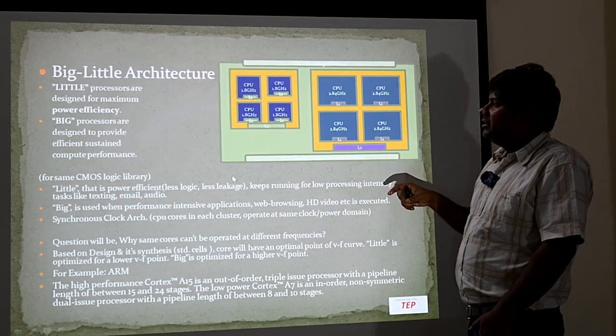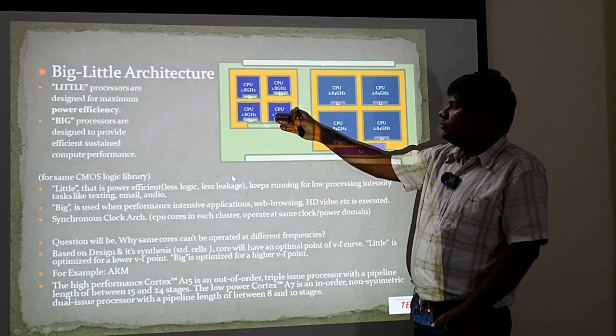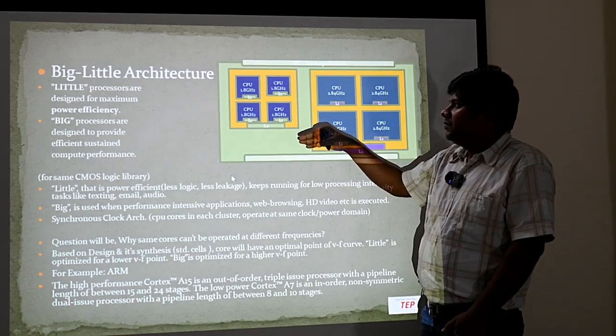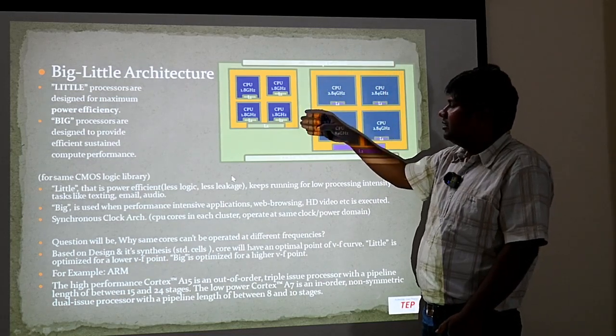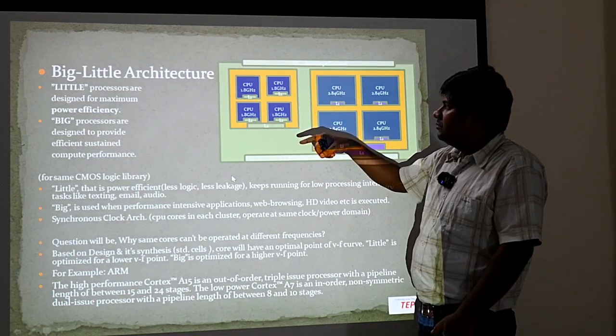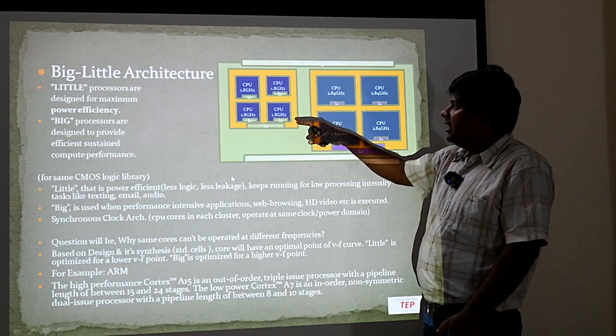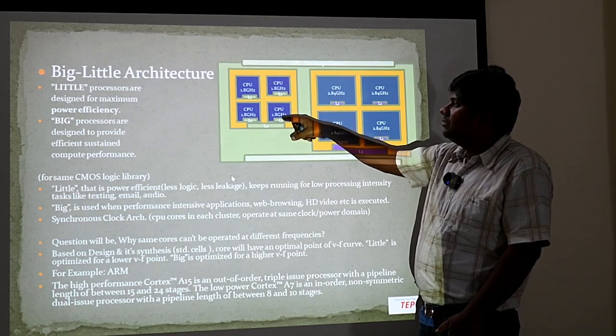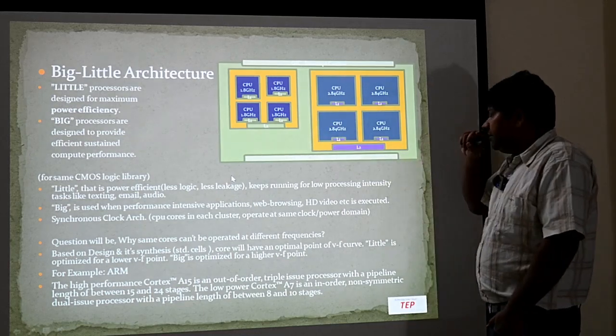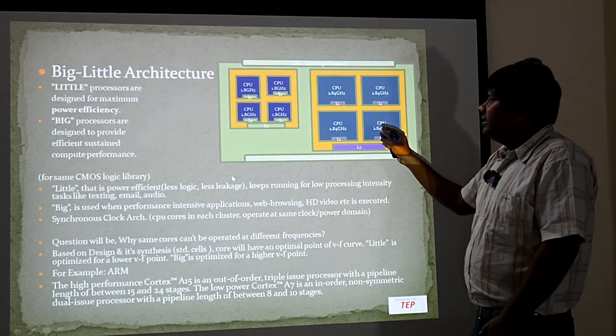So in this case, the big cluster is optimized for higher frequency. In general, for the same core, if you keep increasing the frequency, it will not be power efficient in the high frequency region, because of the VF curve and a significantly higher voltage increase will be required. So the technique is like that.